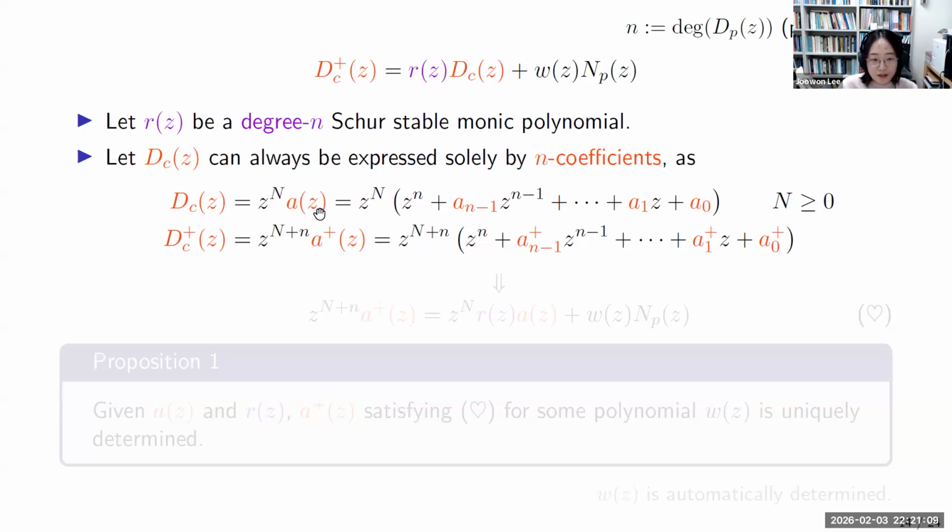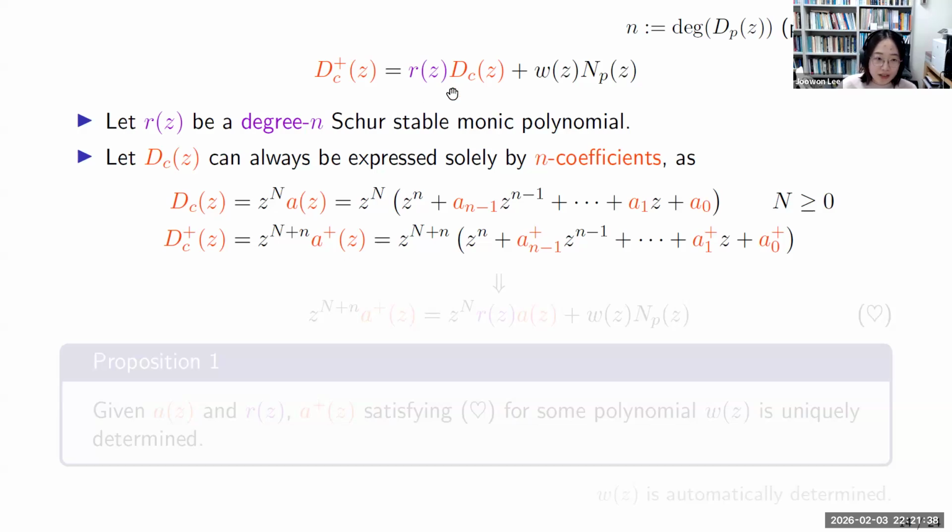And then DC can be expressed solely by the coefficients of this polynomial A. And that also holds for the next DC, DC plus, and here we have A plus instead of A, which means the next n coefficients of DC.